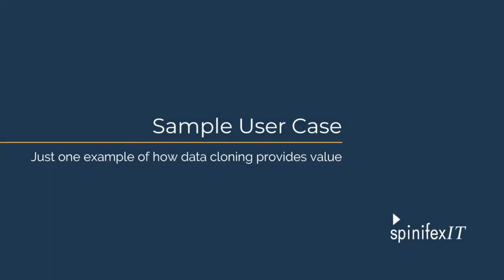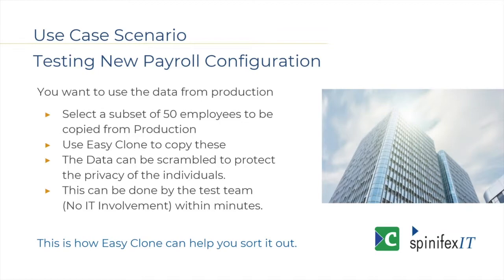Now that you understand the tool, we're going to take a look at a real-life example using EasyClone. In this example, the customer wants to copy 50 employees from their production system down to their test system, so that those 50 can be used to thoroughly test some new payroll configuration before it is transported to production.